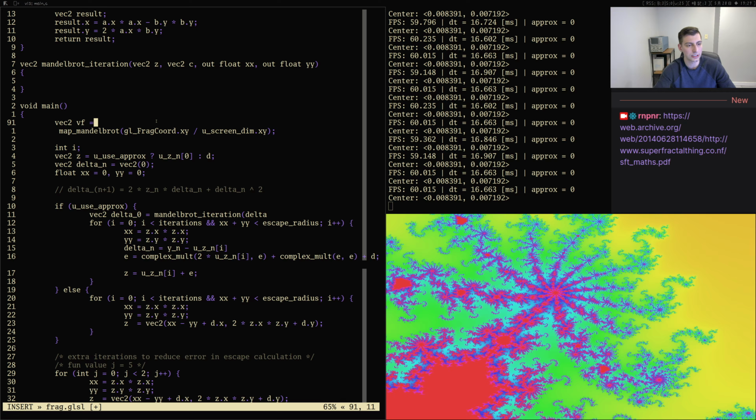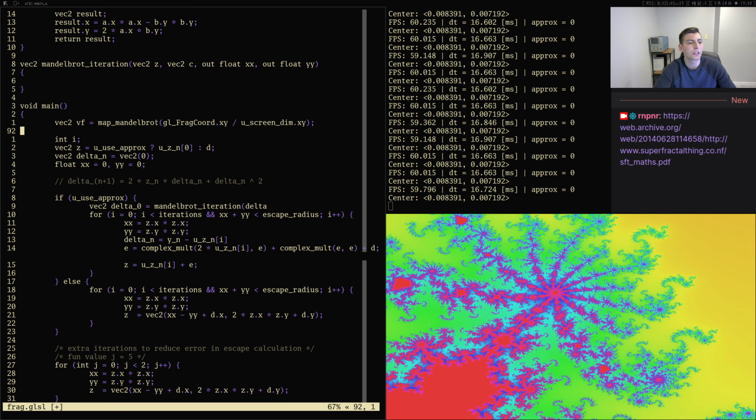That's kind of pointless. So we need Mandelbrot iteration, vf, at a given iteration.